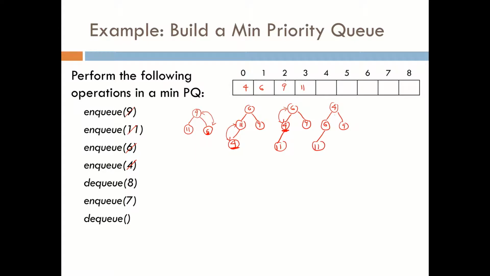So 4, 6, 9, and 11. And we're continuing to try to heap up the 4 until we kick out of the loop. So we either heap up until we've reached the root, which we have in this case, or we no longer violate the heap order property. We're at the root, and so we have restored the heap.